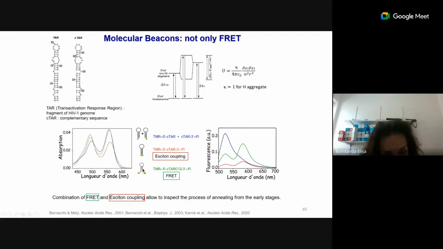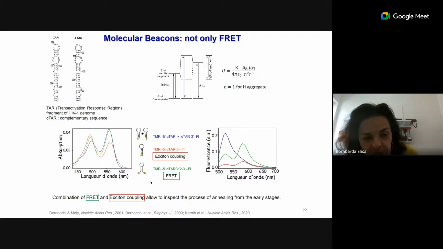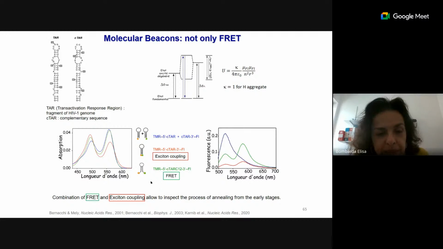And then as soon as they get far apart, we pass from short range to long range effect, and then we can continue using the FRET model. So that is an example of how that equation has to be not just used blindly, but you have to be sure to be in the good condition.